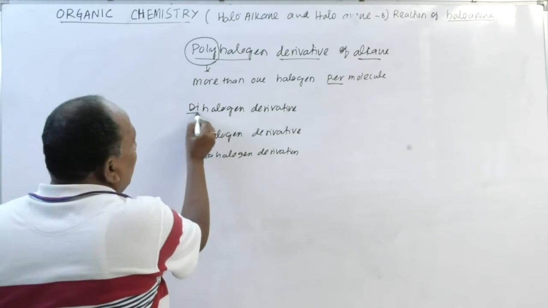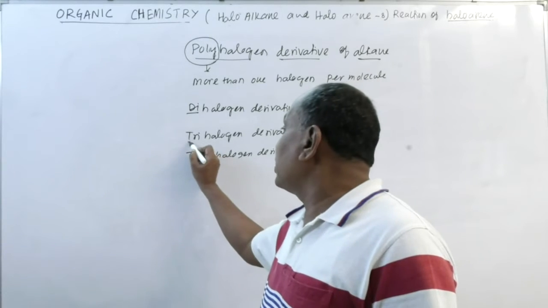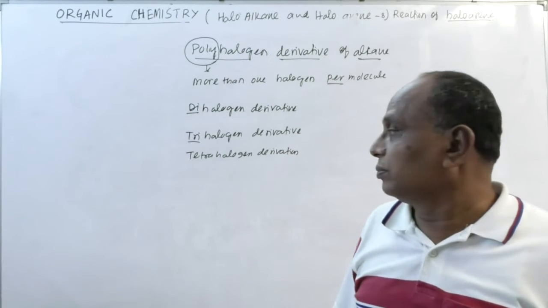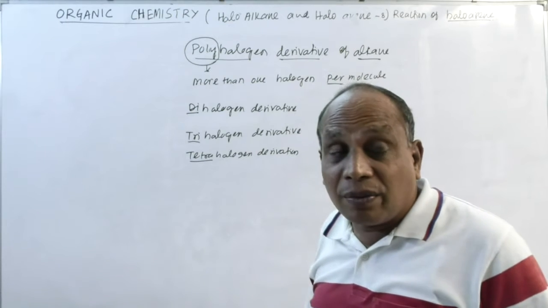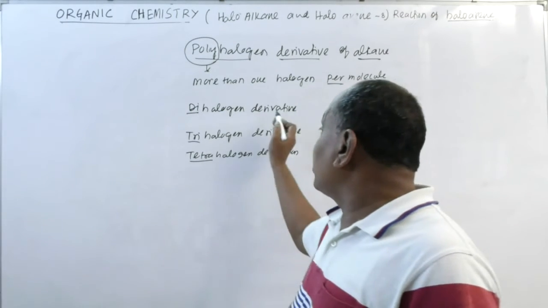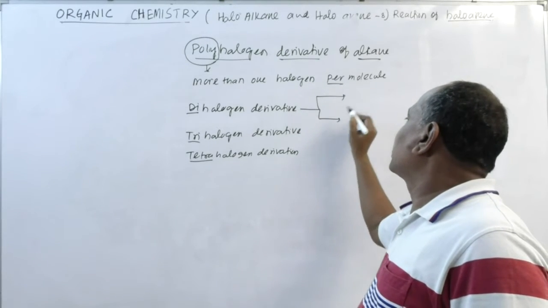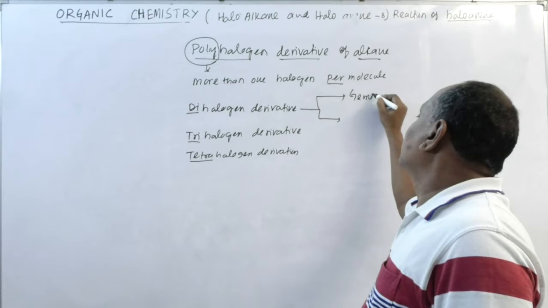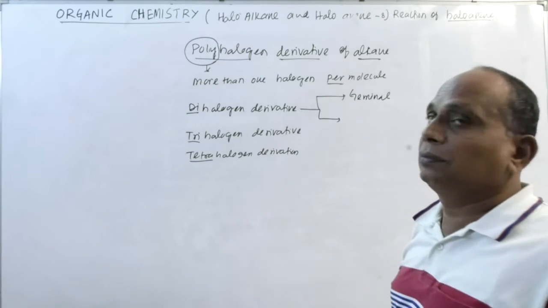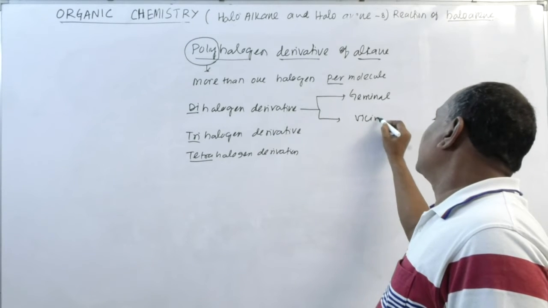Dihalogen derivative means 2 halogen atoms per molecule, trihalogen means 3 halogen atoms per molecule, and tetrahalogen means 4 halogen atoms per molecule. In this way you can write. The dihalogen derivative again is of 2 types. One is called geminal and the other is called vicinal.